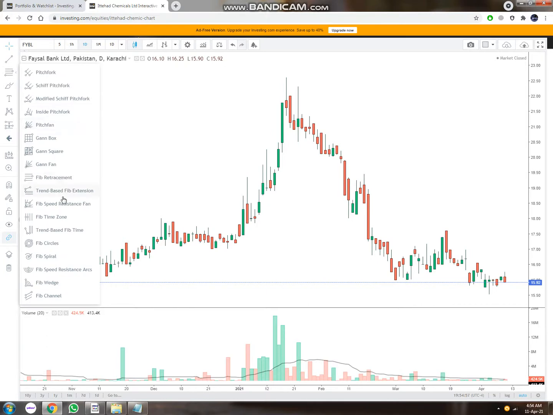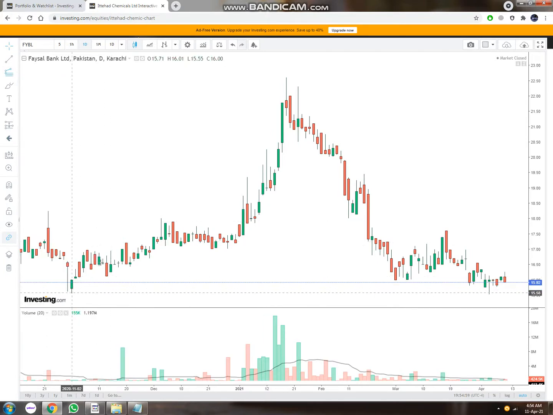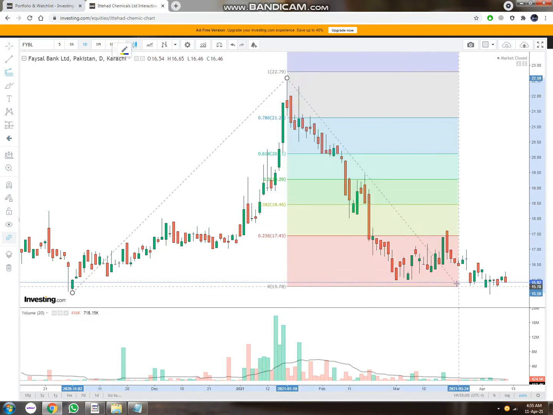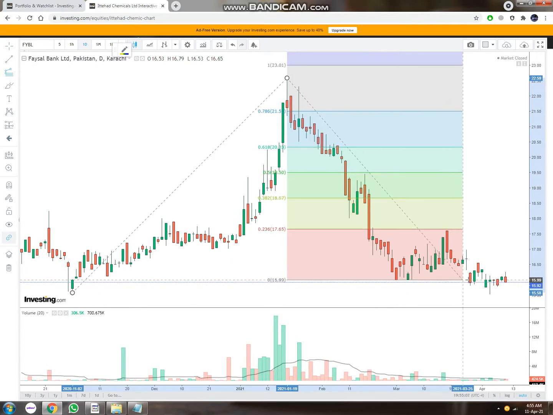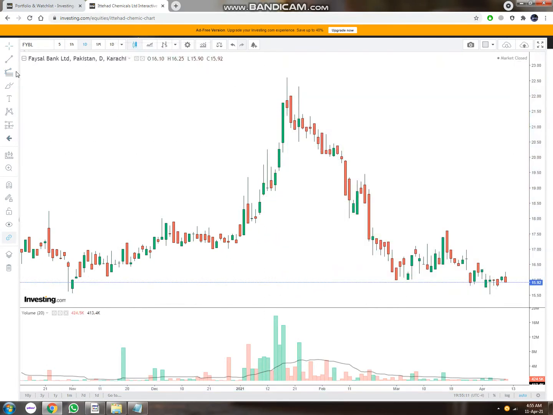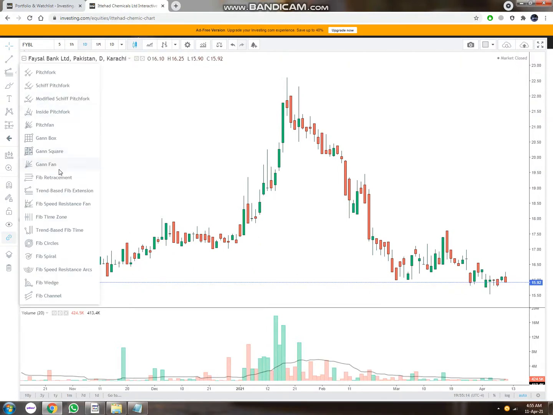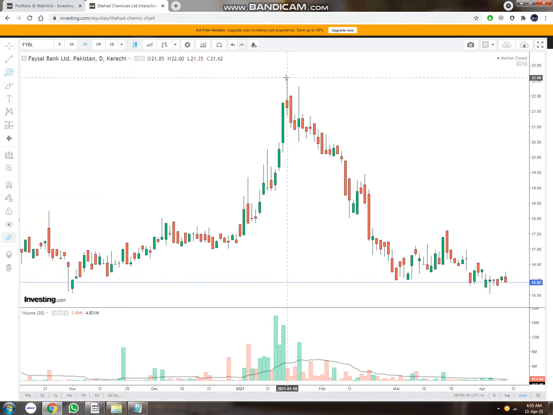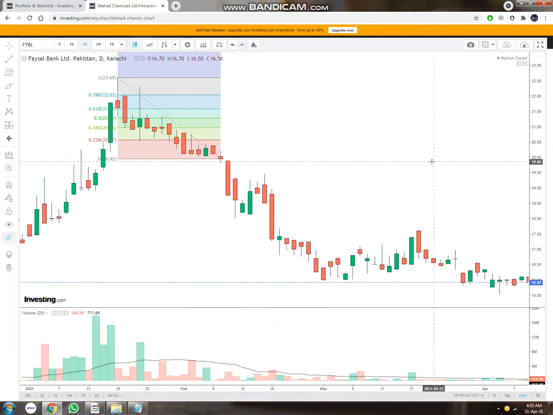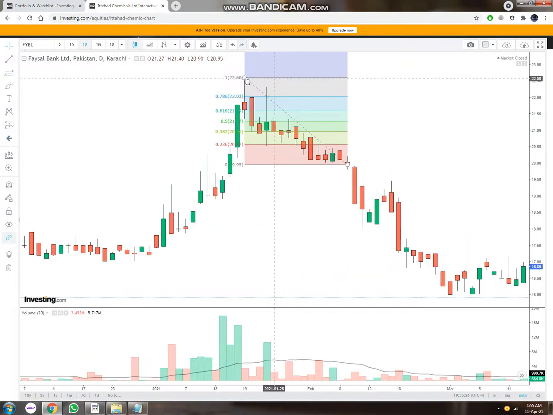Now there is this other tool as well. No, I think not this one. Yes, it was this one. So I've used this tool. I don't know with what intention I used it, but I thought this would be a pullback.